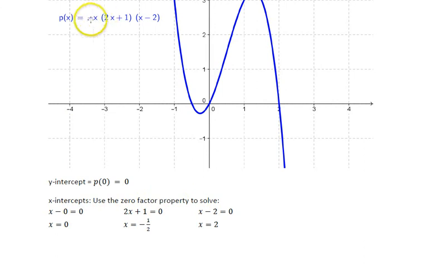Here we have this x term here, which is the same as x minus 0. Setting that equal to 0, we get x equals 0. And 2x plus 1 equals 0 gives us -1/2. And over here, x minus 2 equals 0 gives us 2. So 0, -1/2, and 2 are the x-intercepts, and they're the real zeros.